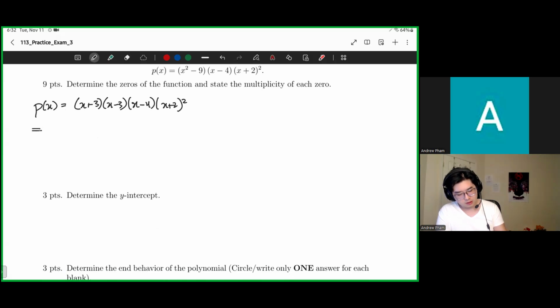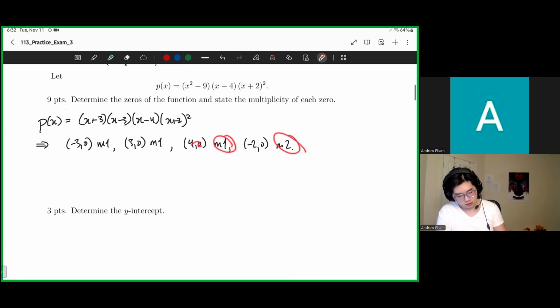Then I can assert quite easily, since it's in factored form, that there are zeros at minus 3, 0, multiplicity 1; 3, 0, multiplicity 1; 4, 0, multiplicity 1; and minus 2, 0, multiplicity 2. The multiplicities are given by the corresponding exponents, right? Everything's 1 here, so that's why you see 1s for the first 3 zeros. But since there's a 2 here, I have to bump the zero at minus 2, 0 to 2.